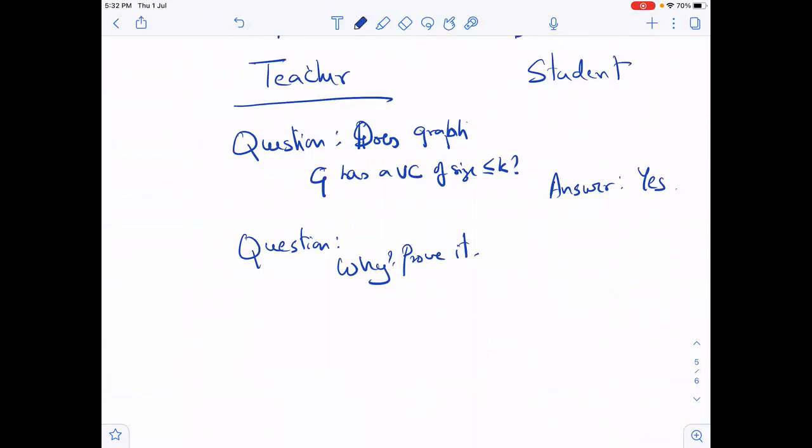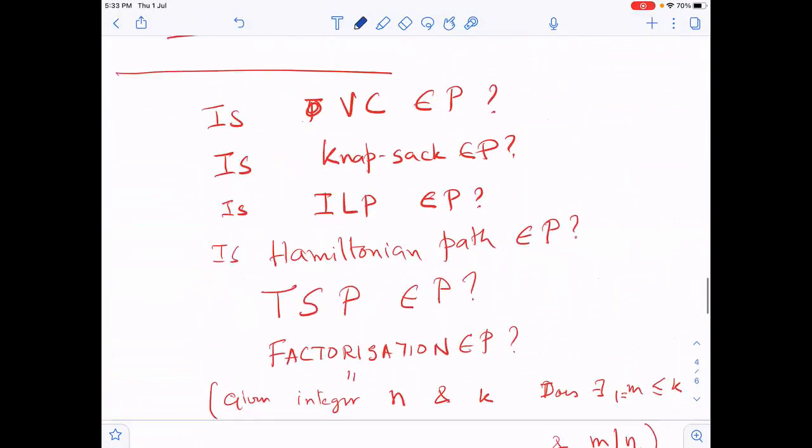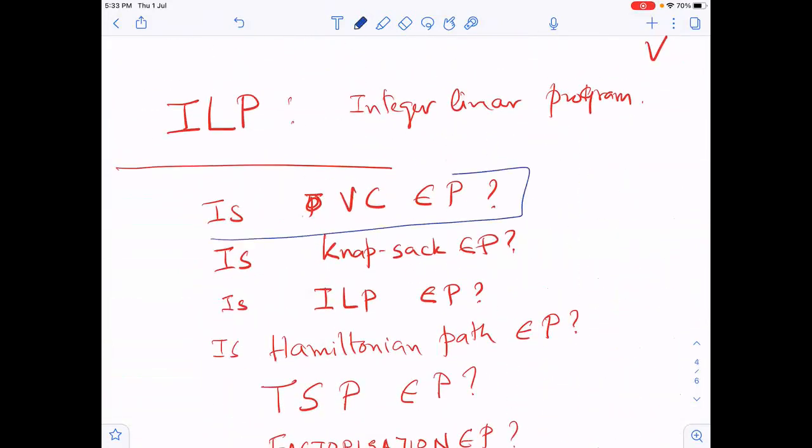The student can give a small proof. While I don't know how to solve the vertex cover problem in polynomial time, if somebody gives a solution, I can verify that solution in polynomial amount of time.